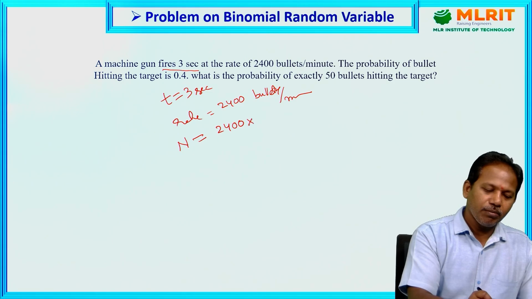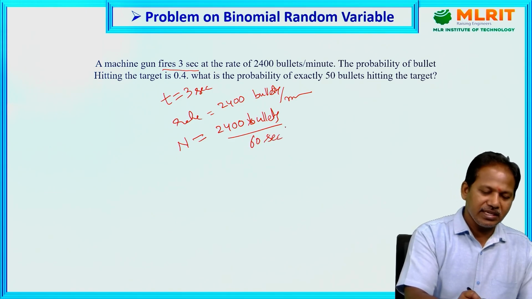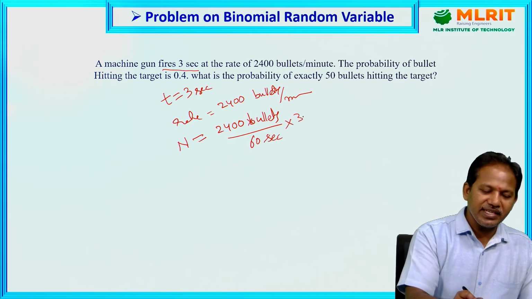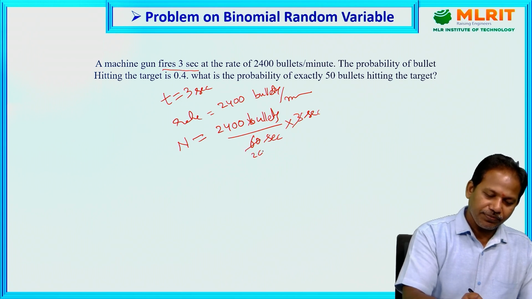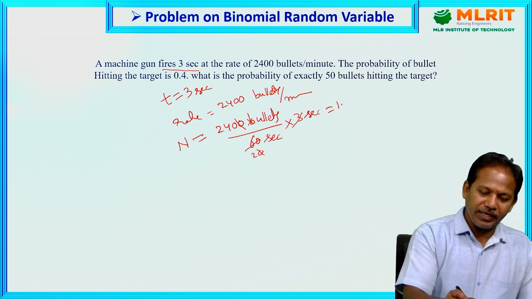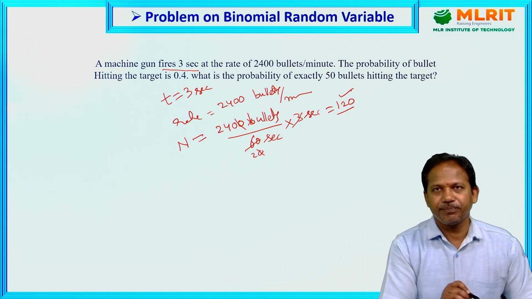N is equal to 2400 bullets per minute. I want to convert it in terms of seconds, that is 60 seconds, into time, which is 3 seconds. So, here we get 120. So, the total number of bullets is 120. N is given.